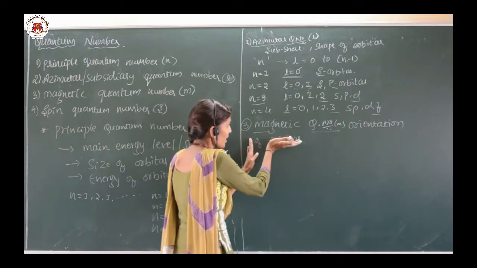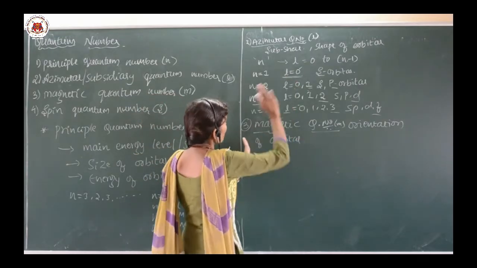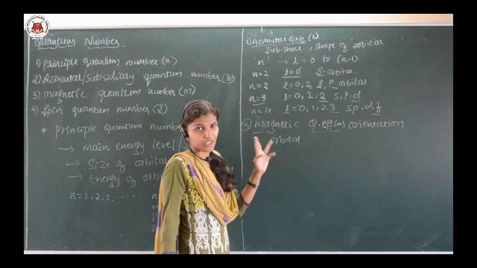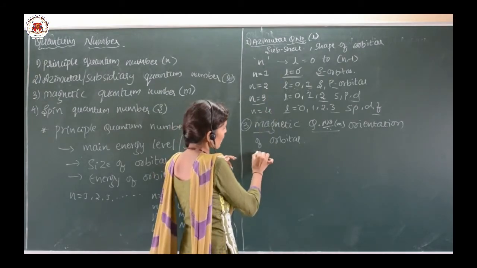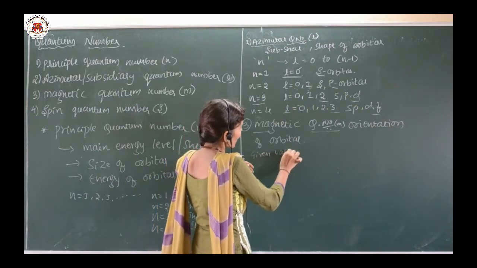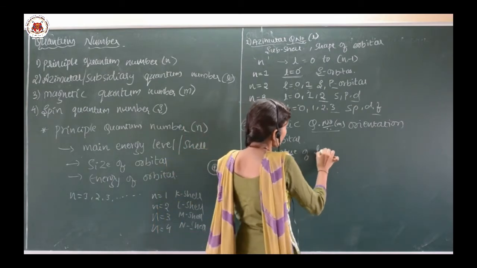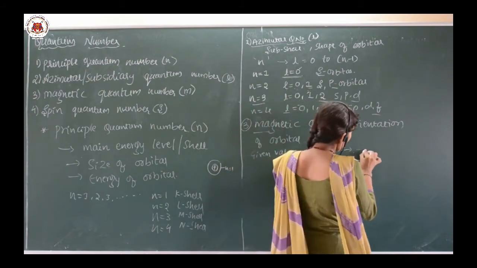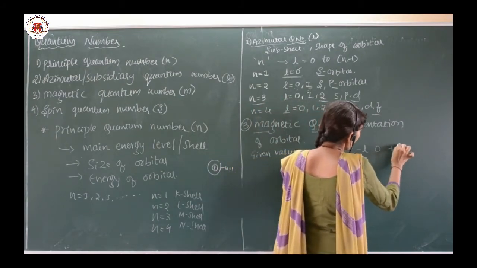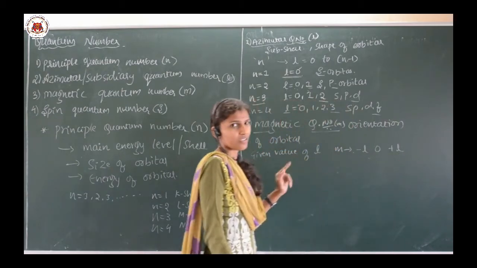This magnetic quantum number depends upon the azimuthal quantum number. For a given value of l, m can take the values from minus l, through 0, to plus l.